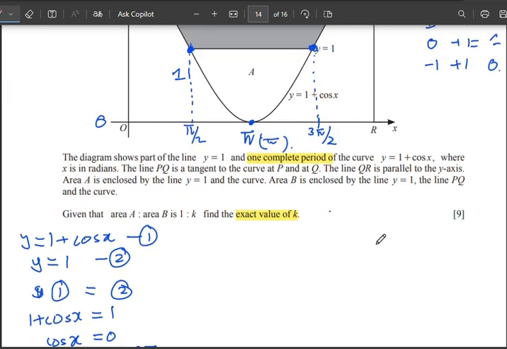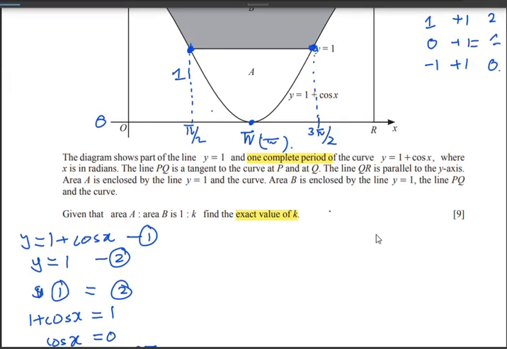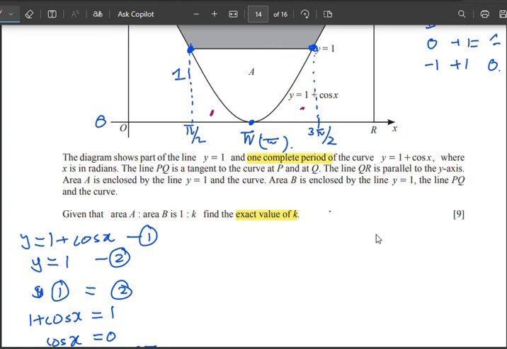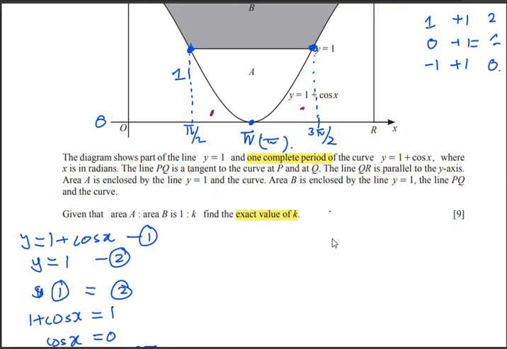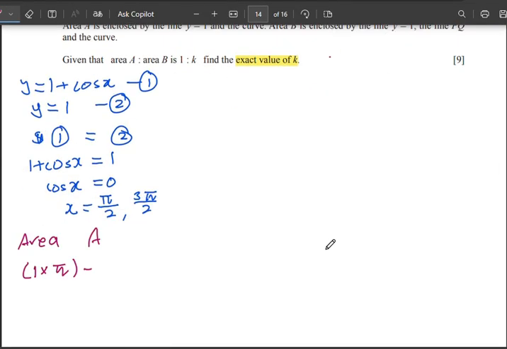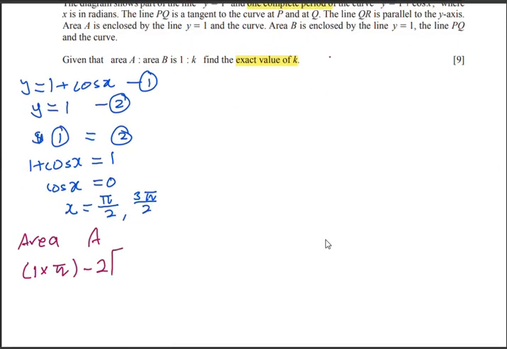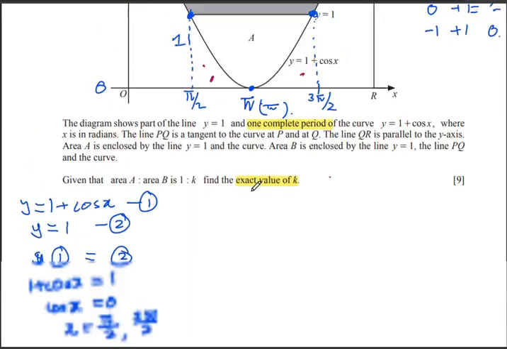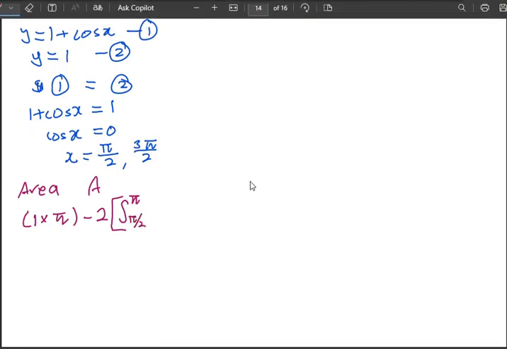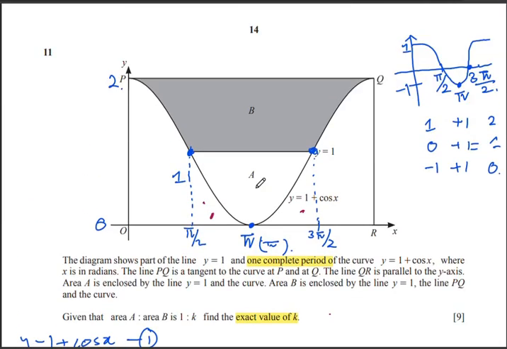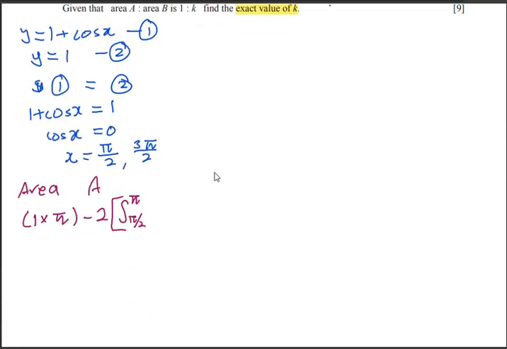Minus, so I have to take this integral, this and this. It's going to be 2 times, because these two are the same area. So I can say 2 multiplied by the integration from pi over 2 to pi, I'm just going to put this up, pi to pi over 2, because the calculation might be easier, bounded under the curve of 1 plus cos x, so 1 plus cos x dx.